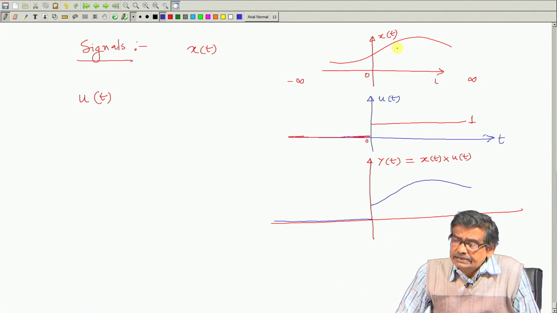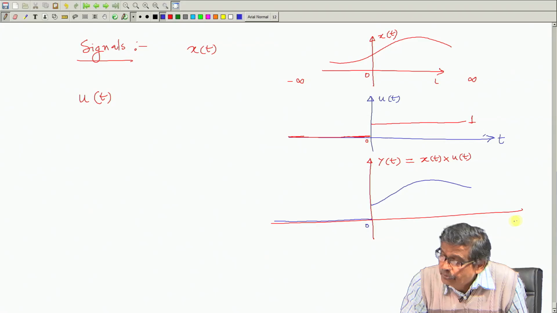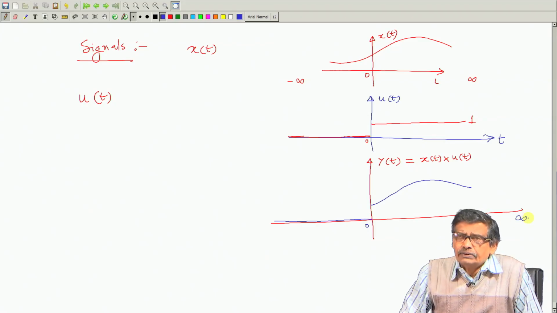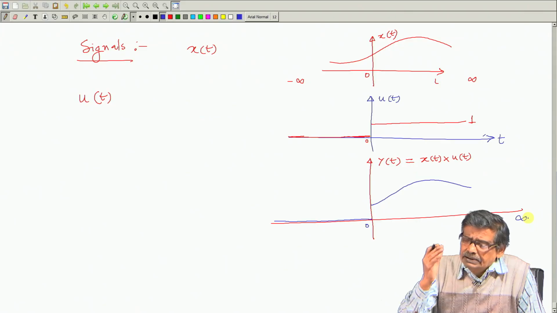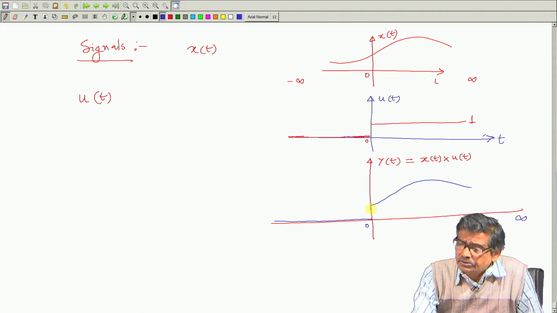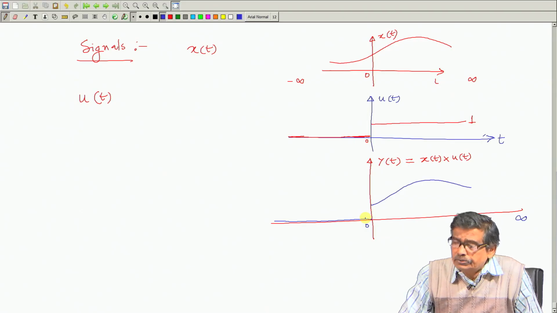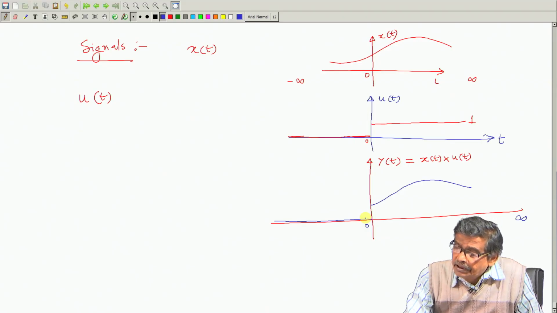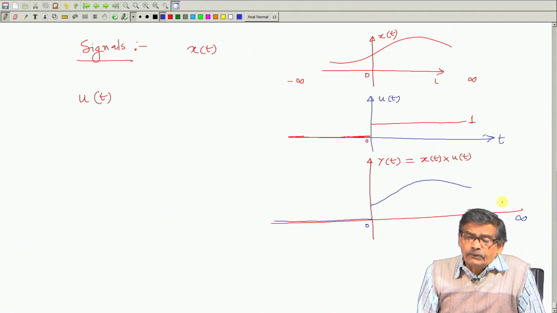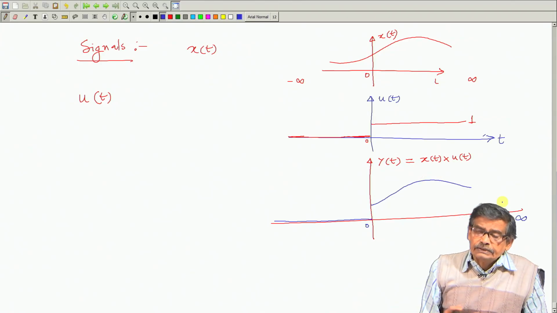In fact, any signal which lasts between 0 to infinity is generally called a causal signal. In our circuits, we will always try to find out, at t equal to 0, something with some input signal x(t), and this is the input signal. Okay. So, this is x(t).